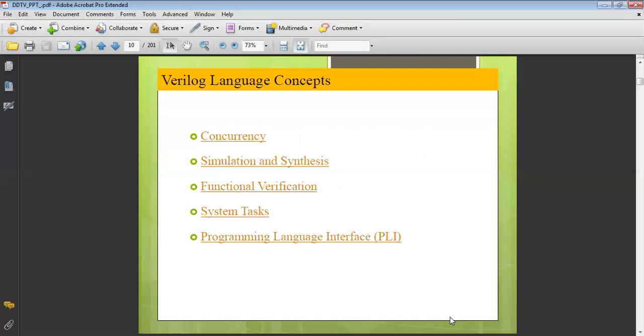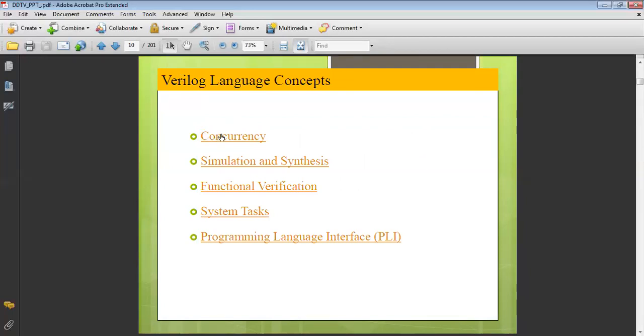Now I'd like to talk about the basic language concepts in our Verilog language. Whenever we are handling Verilog HDL, we should know about these concepts. What is the first one?